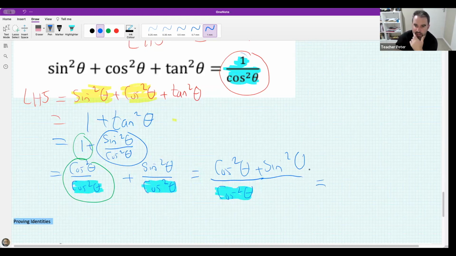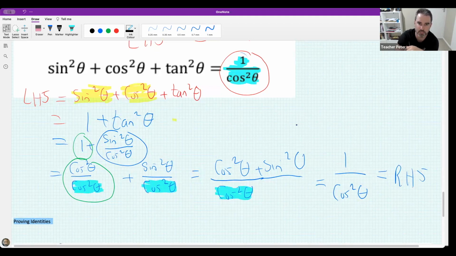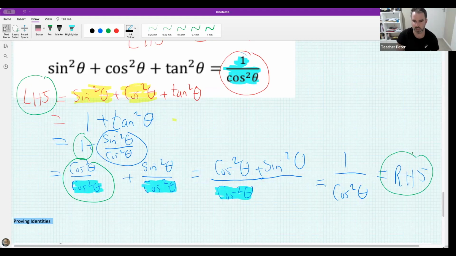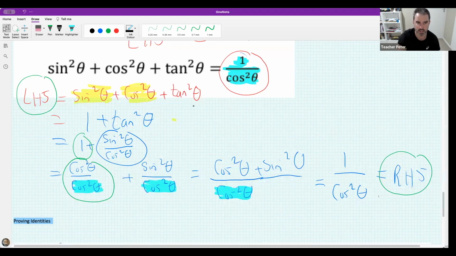Cos squared theta plus sine squared theta. I've seen this before. It's just 1. And you know what? That is exactly what I was looking for. It's the right-hand side. So I have now proved quite a difficult question. I have proved that the left-hand side that I started with is equal to the right-hand side, which is what I was trying to do in the beginning.